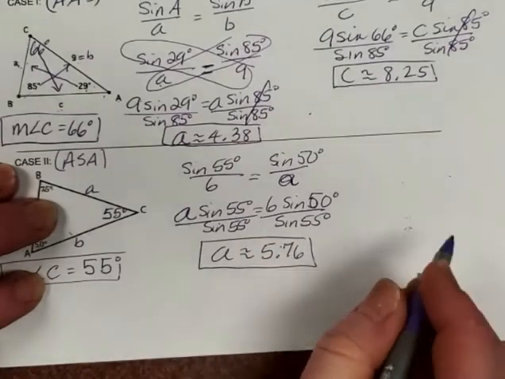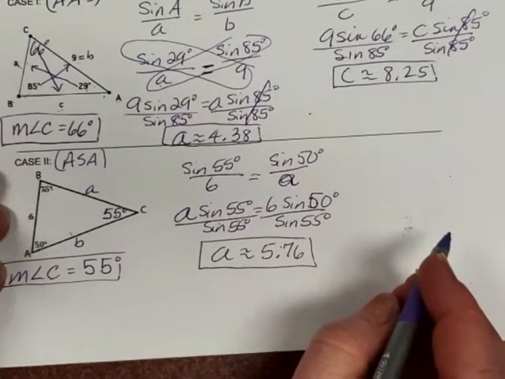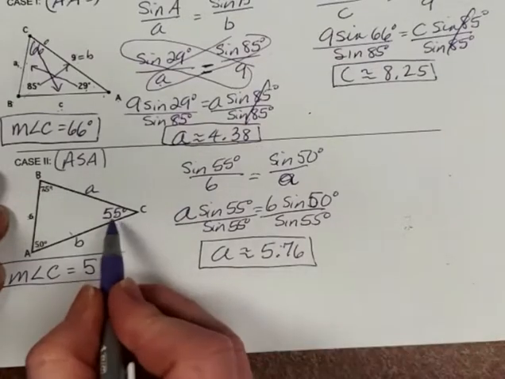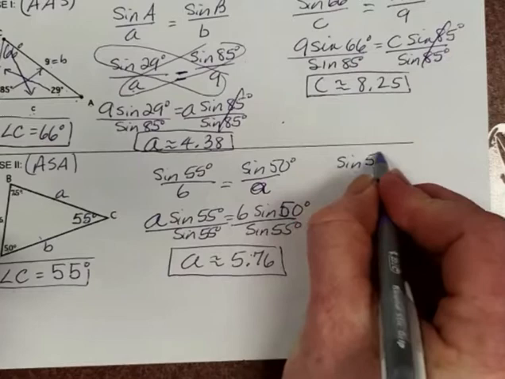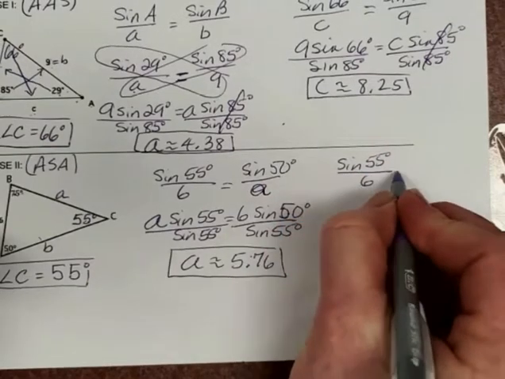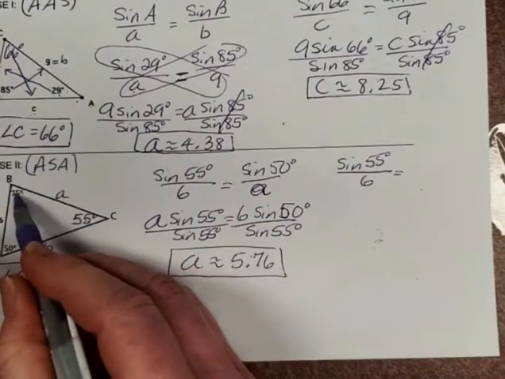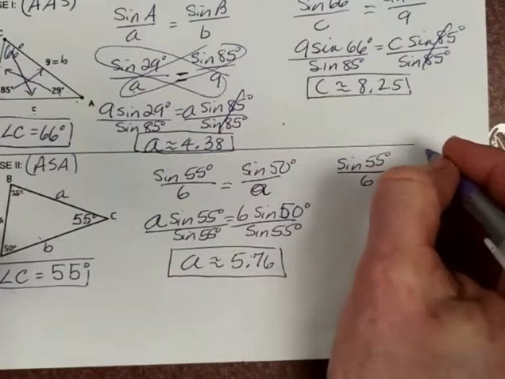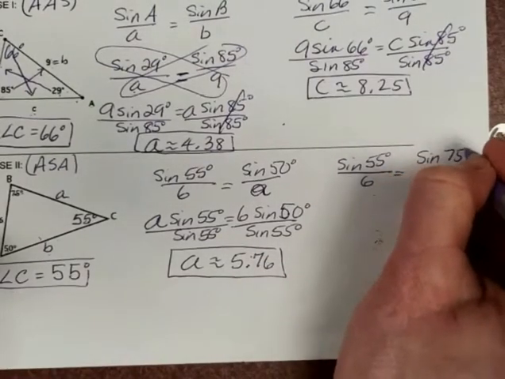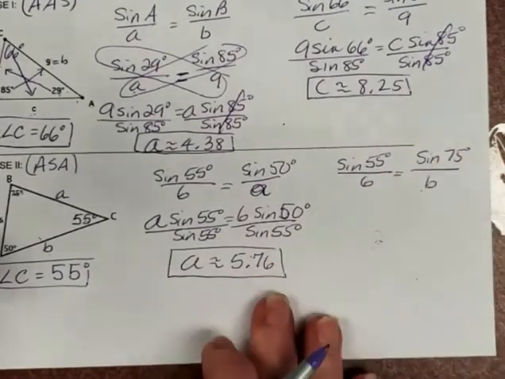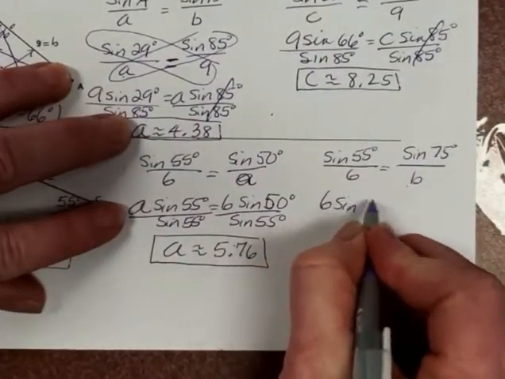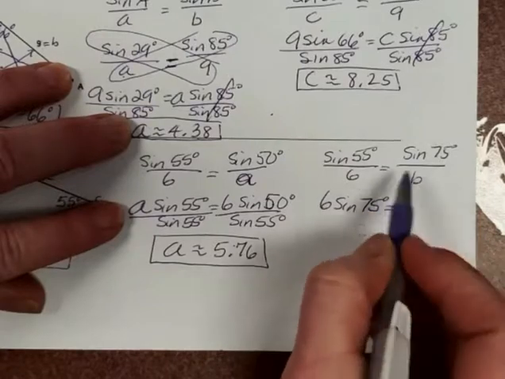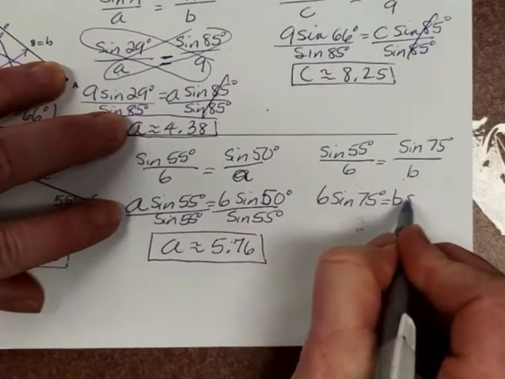About that. So now to solve for side length b, I'm going to just do it again. Sine of 55 is to 6 as the sine of 75 degrees is to b. And that will give me 6 times the sine of 75 degrees is equal to b times the sine of 55 degrees.